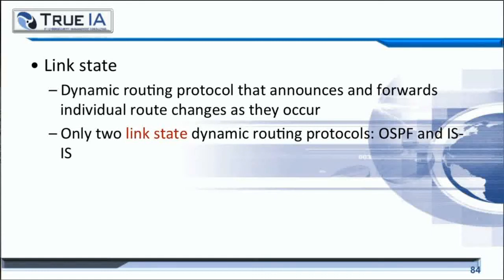After distance vector routing, we deal with link state routing. This is another dynamic routing protocol that announces and forwards individual route changes as they occur. Only two link state dynamic routing protocols are used. They are OSPF and ISIS.